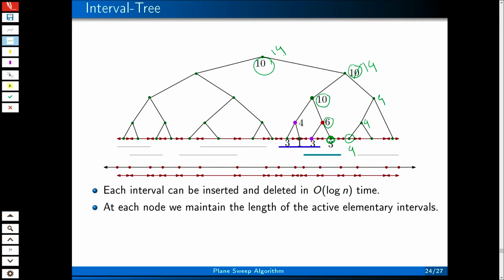So when I'm inserting an interval, I have to make log square n changes. When I delete an interval, I have to make log square n changes. So in time log square n, I can either delete an interval or insert an interval.